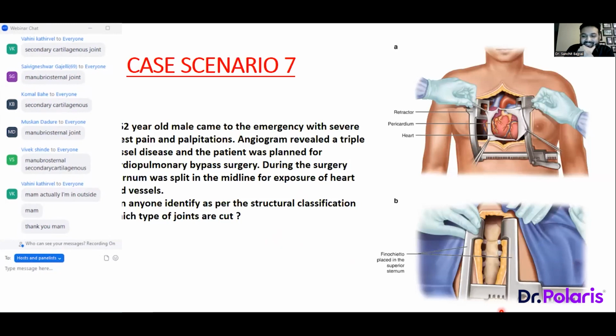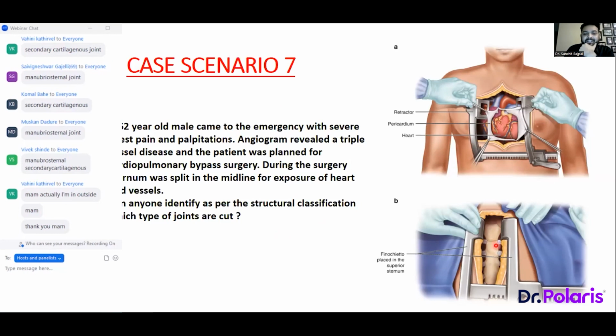Sai? Okay. Hi, Sai. So, first you tell me what exactly you think of. It's a joint between manubrium and sternum, sir. We have to cut the joint. So this is a manubriosternal joint, right? And what is the type of the manubriosternal joint? It's a secondary cartilaginous joint.